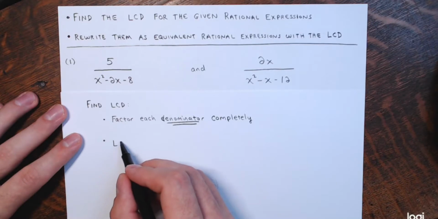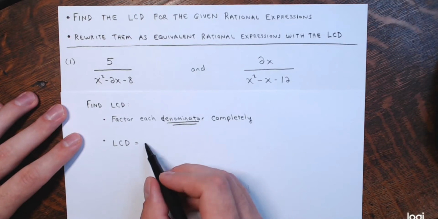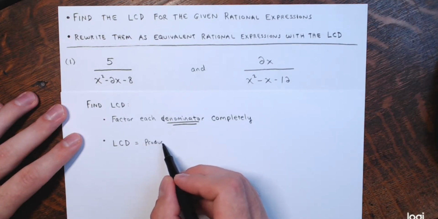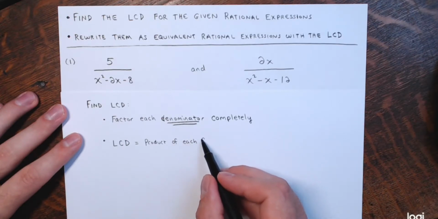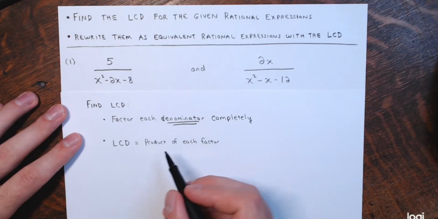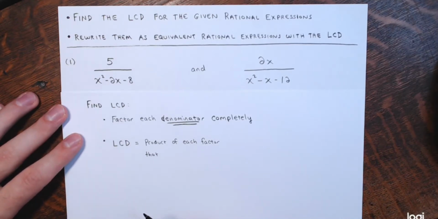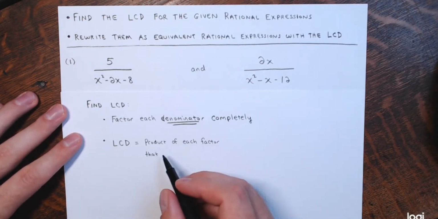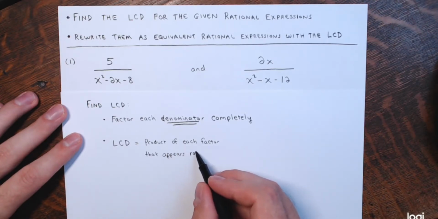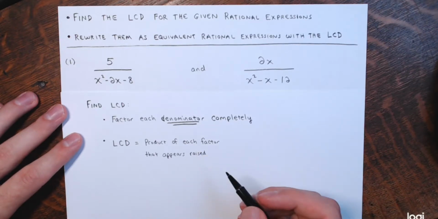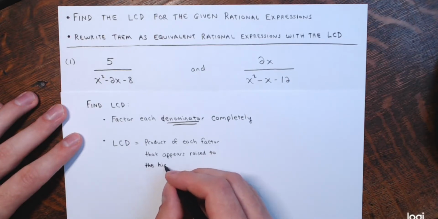Then the LCD will be equal to the product of each factor that appears, and this is going to sound funny, but hopefully you'll see what I mean after we get through several examples. The product of each factor that appears raised to the highest exponent on that factor.